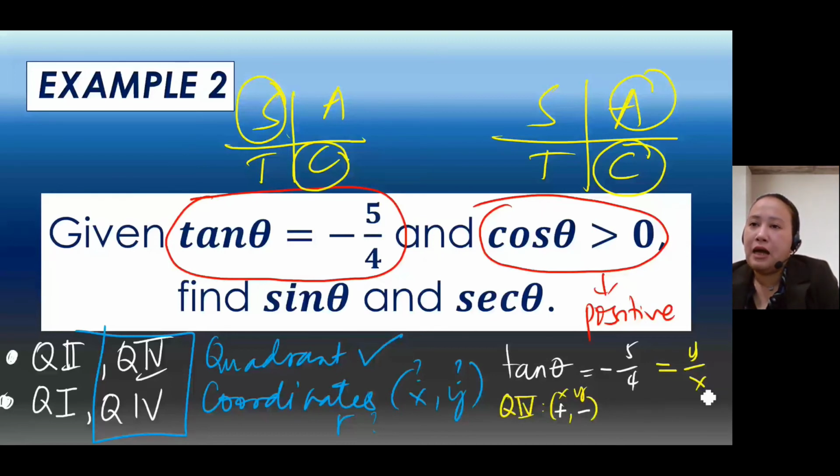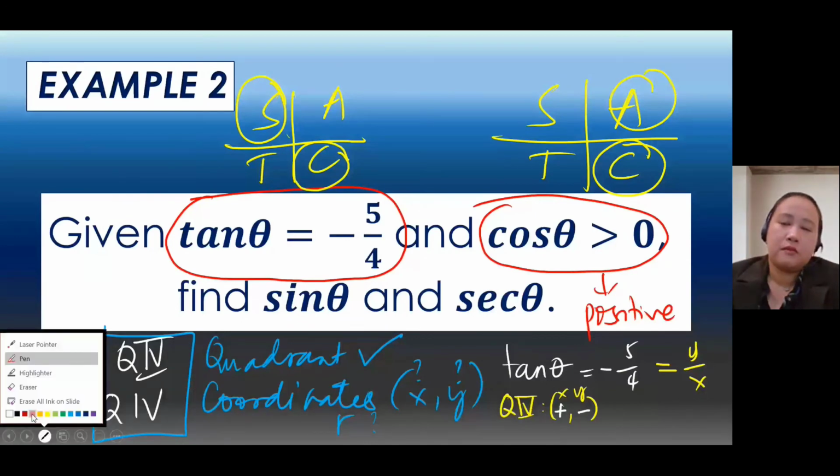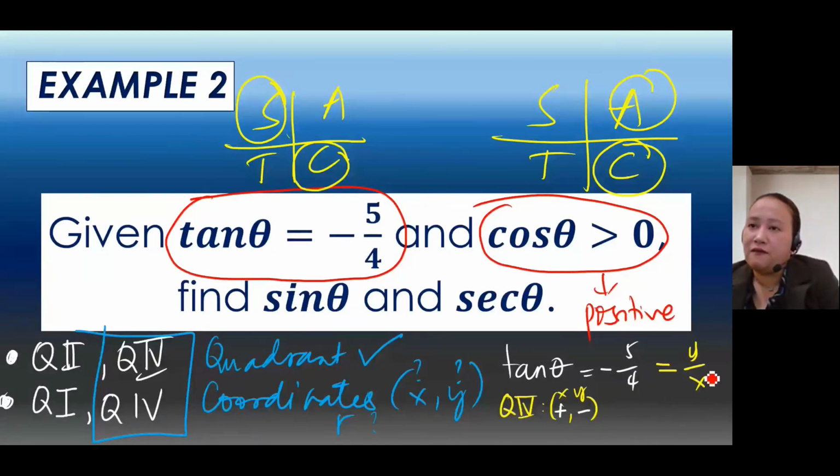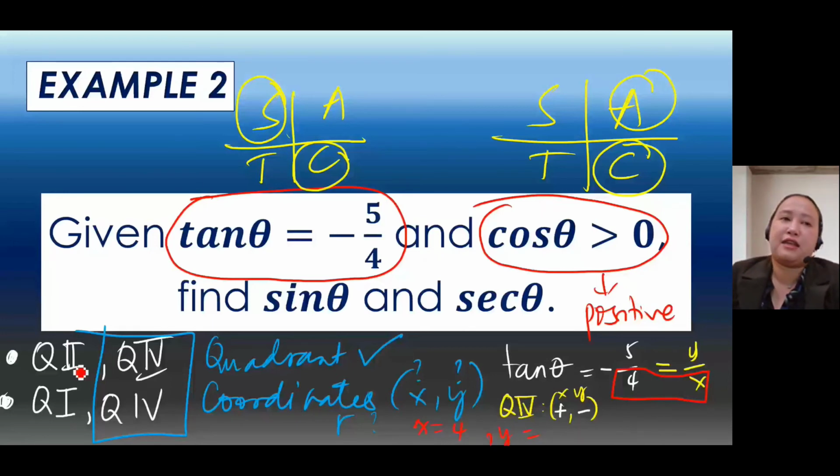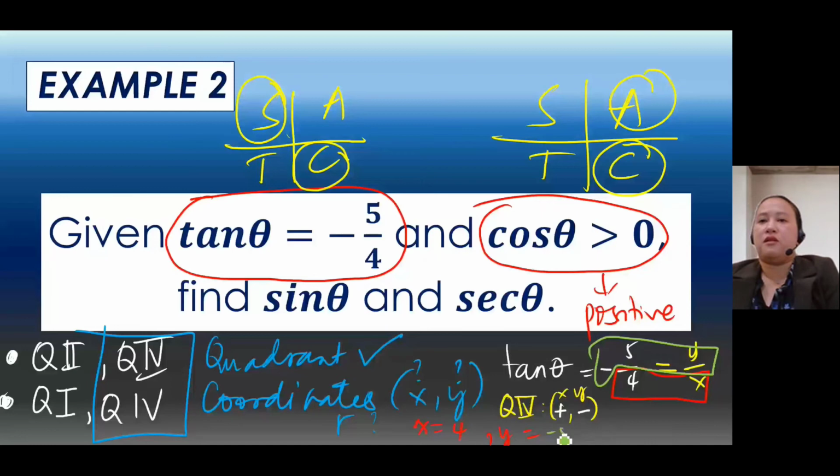So it means that in our given, x is 4, and y is -5. That's it. Then we can already solve for r.